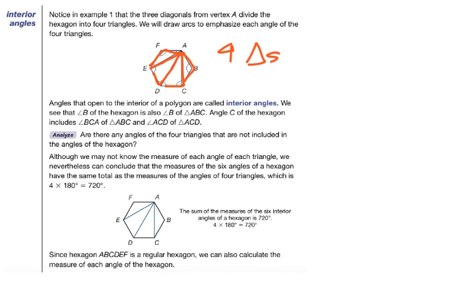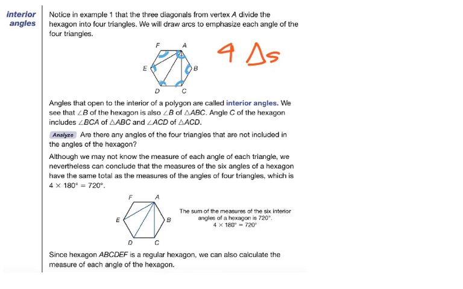So upon further examination of these 4 triangles, we see that every single one of the angles in the hexagon is included inside one of these triangles, right? Angle A, angle B, C, D, E, and F, they're all there, and these triangles all have these angles.